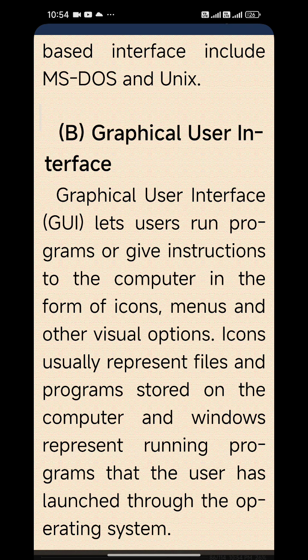B. Graphical user interface. Graphical user interface (GUI) lets users run programs or give instructions to the computer in the form of icons, menus, and other visual options. Icons usually represent files and programs stored on the computer, and windows represent running programs that the user has launched through the operating system.